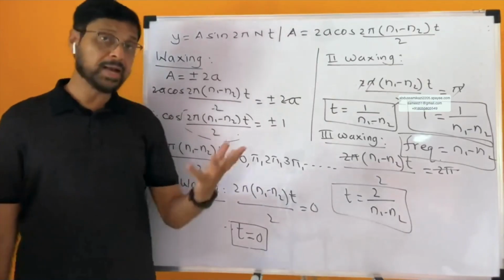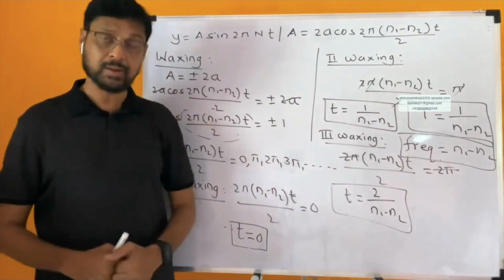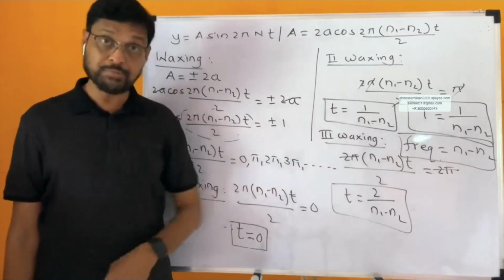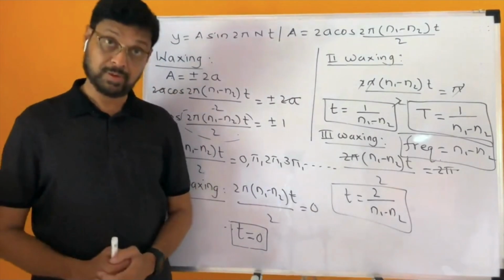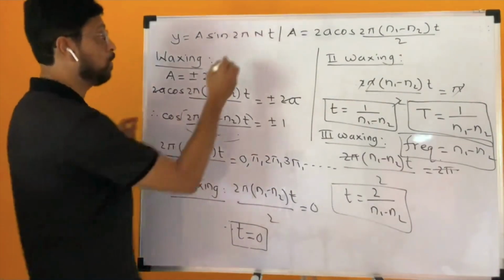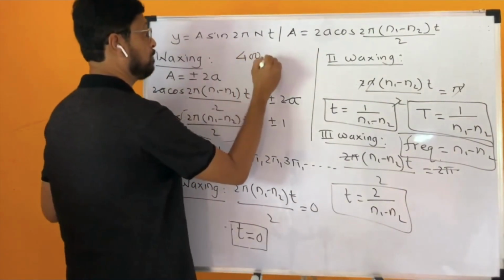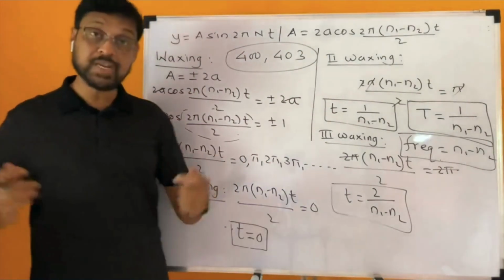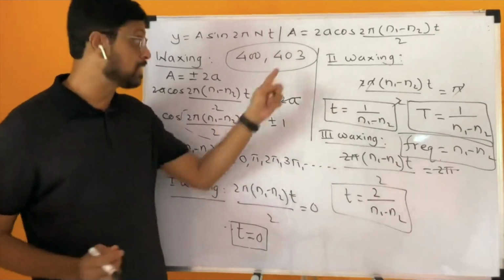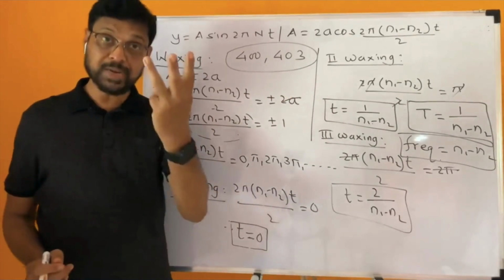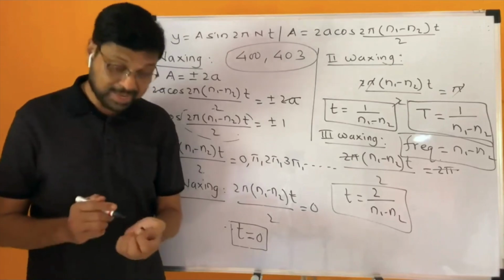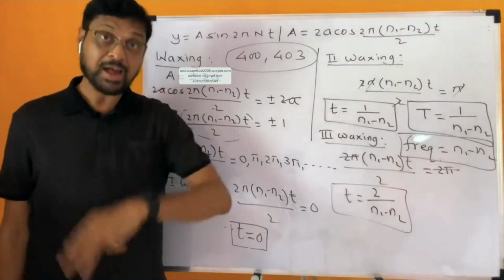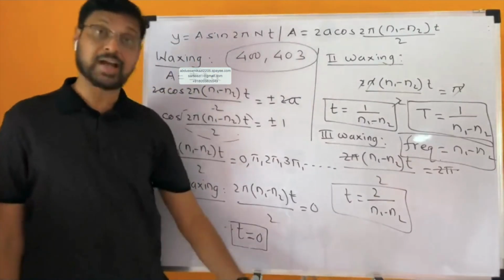मतलब अगर दो वेव्स का इंटरफेरेंस हो रहा है, एक वेव की फ्रीक्वेंसी है सपोज 400 और दूसरी वेव की फ्रीक्वेंसी है 403. तो कितने बीट्स सुनाई देंगे? n1 - n2, मतलब 3 बीट्स will be heard. मतलब ये कि सेकंदात 3 वेळा आवाज मोठा होईल आणि 3 वेळा आवाज खाली जाईल.